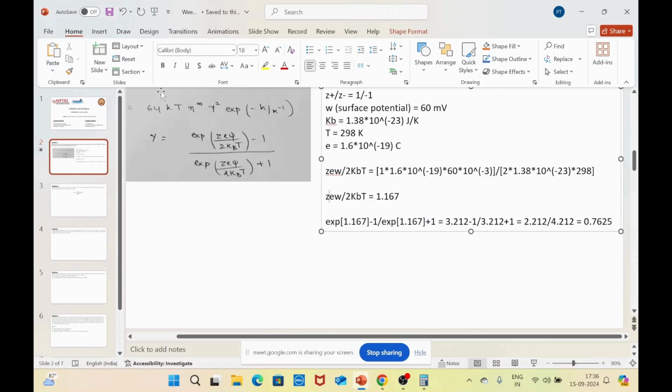Yeah, there is a mistake from my side. The value is coming as 0.525.